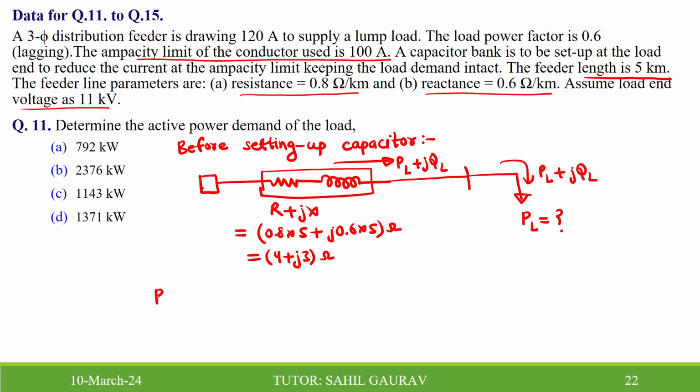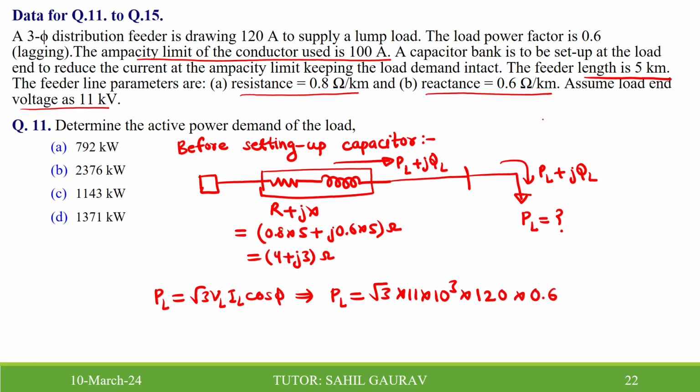So PL, we know that the expression of PL is root 3 VL IL cos phi. PL is root 3, VL is given as 11 kV load end voltage, so 11 into 10 to the power 3, and IL is given as 120 ampere before compensation, and cos phi is given as 0.6. The load power factor is given as 0.6 lagging.